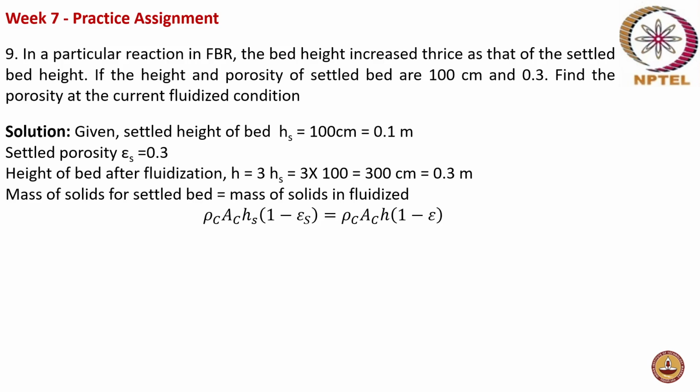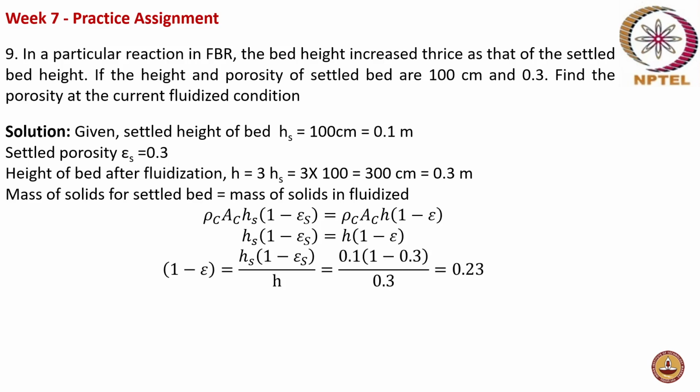This is equal to again rho c into Ac into H into (1 minus epsilon), where H is the height after fluidization at any point of time, and epsilon is the porosity at any point of time t. So we can cancel rho c and Ac on both sides. So we will end up with Hs into (1 minus epsilon s) equal to H into (1 minus epsilon).